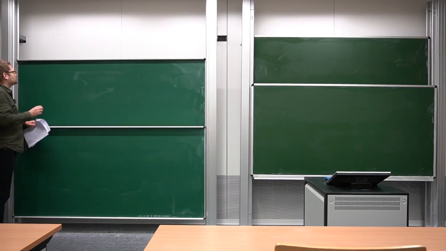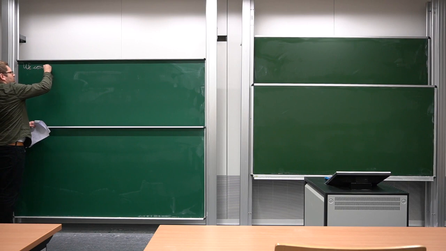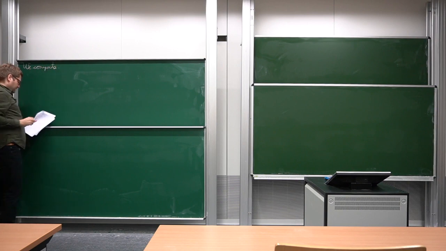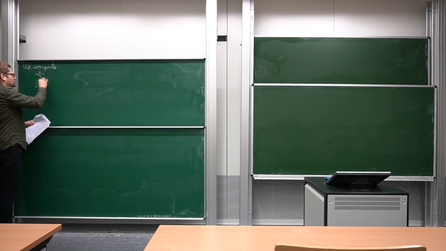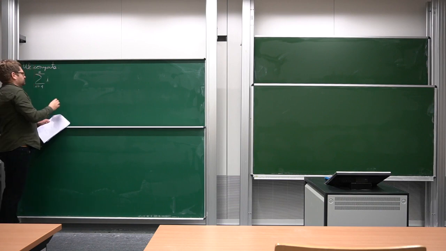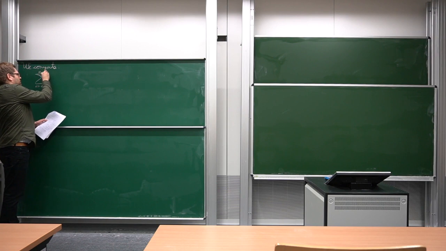Okay, we want to now show the claim, and this is going via a nice little computation. Namely the following. We consider the sum on the left-hand side of the thing we want to show, the sum over i from i equal to 1 to n plus 1.